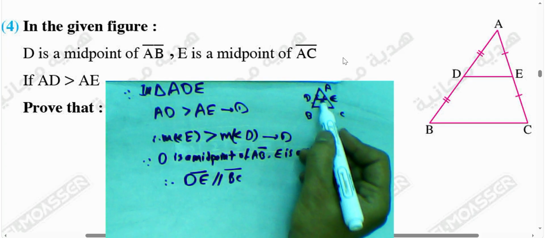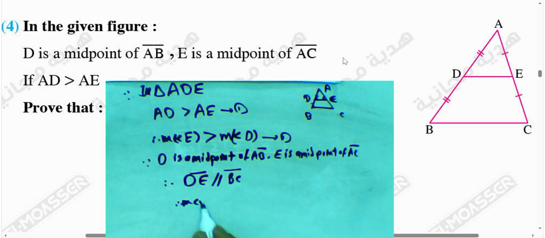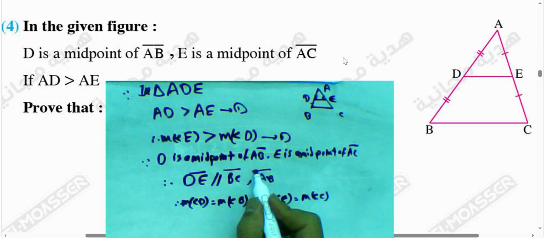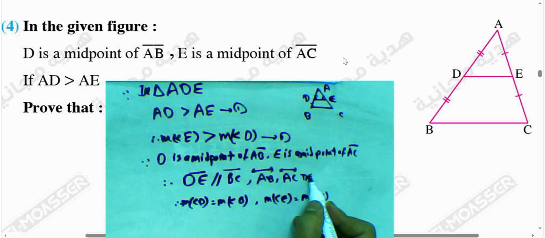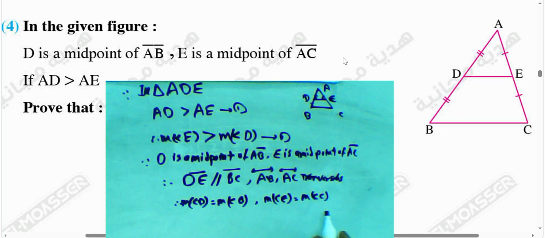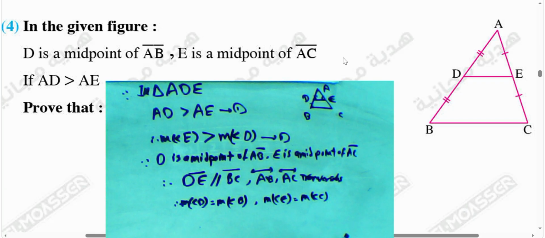The measure of angle D will be equal to the measure of angle B, we call them corresponding angles, and the measure of angle E equals the measure of angle C, because we have AB straight line and also AC straight line as transversals. Then angle D equals angle B and angle E equals C, corresponding angles.